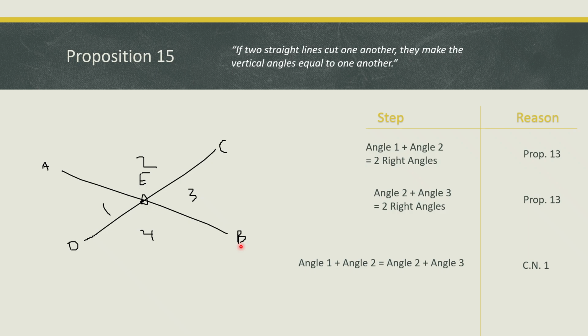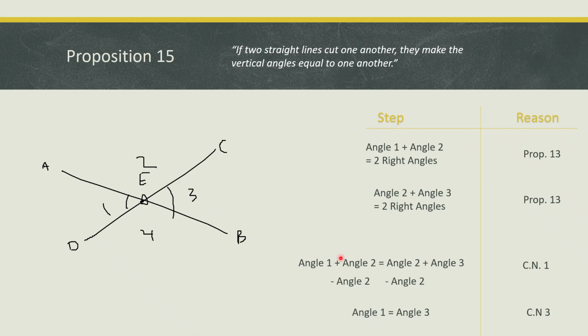Next, Euclid says what we shall do is subtract our second angle from both, because as we see on our equation, there are two of the same things. That means we could subtract two of the same things, and then we get our solution, which is angle 1 and angle 3 must be equal to one another because of our common notion number 3, which states if equals be subtracted from equals, then the remainders are equal.